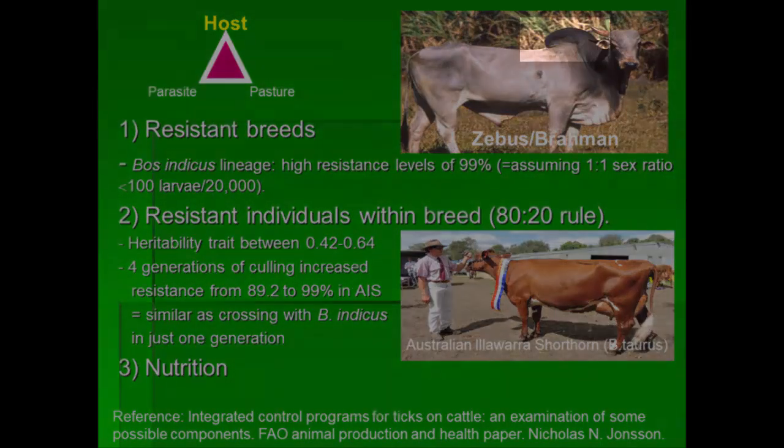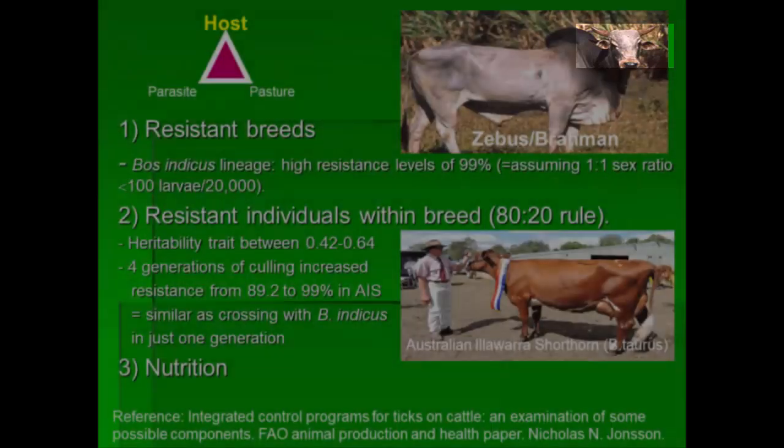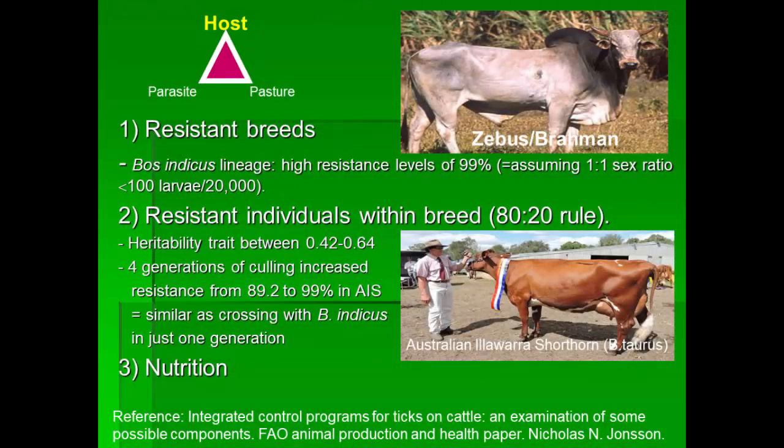So if you see a cow with a hump on the shoulders, a large flap of skin below the neck, which is known as the dewlap, and they have kind of droopy ears, you're basically looking at a pretty resistant animal for ticks.